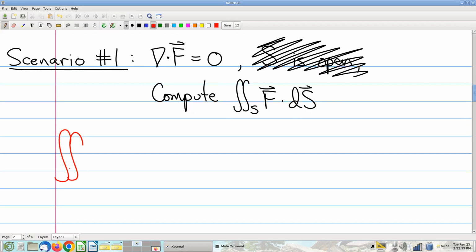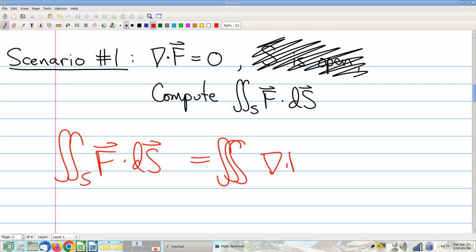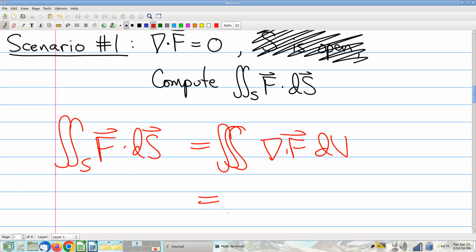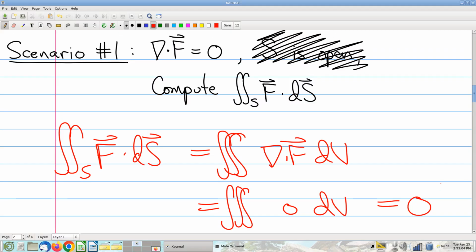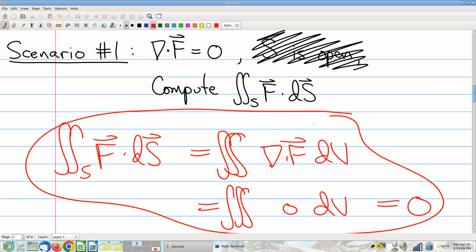And then they will write down flux through S, F dot dS, equals triple integral of divergence dV, which is, of course, triple integral of 0 at this point, which is 0, and then stop and think that they've gotten the right answer and walk away. And tragically, what they've written down here is all wrong.